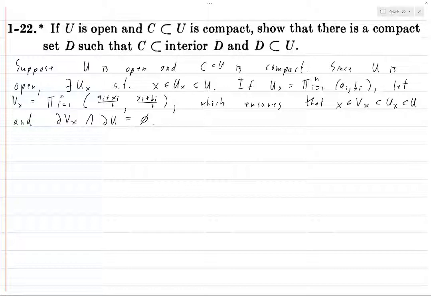Basically what you do is you choose any point in Vx and you choose a neighborhood about that point. So let me do this visually.